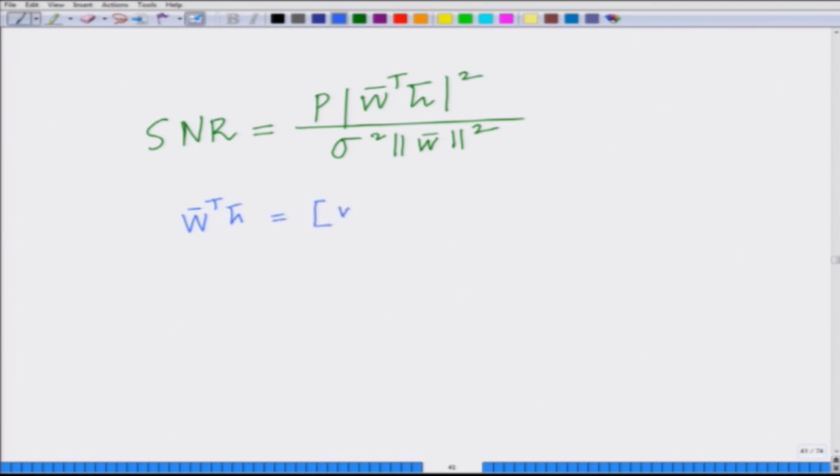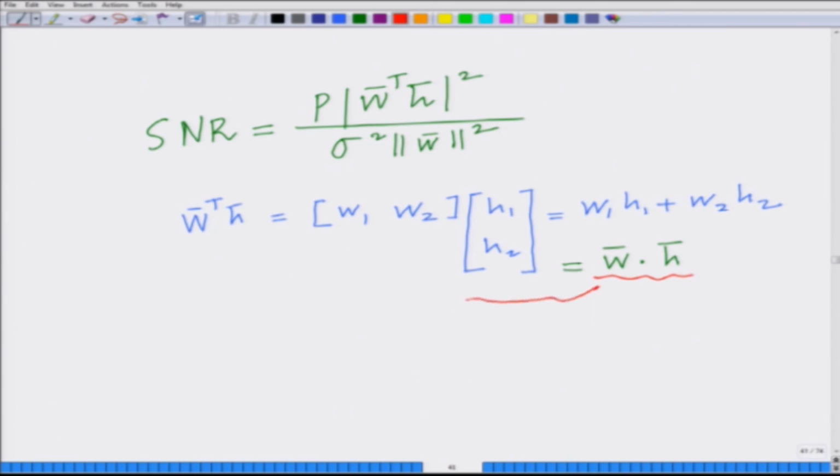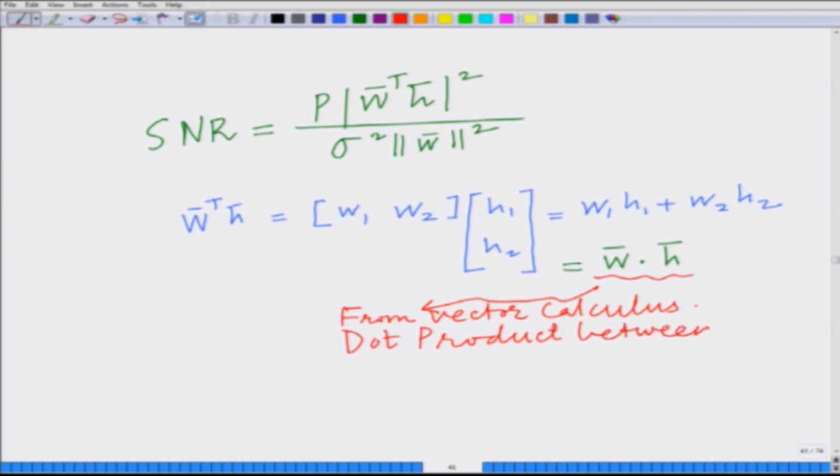This is W1 W2 times H1 H2, which is equal to W1 H1 plus W2 H2, which you can clearly see is, from your knowledge of high school vector calculus, the dot product between W bar and H bar.